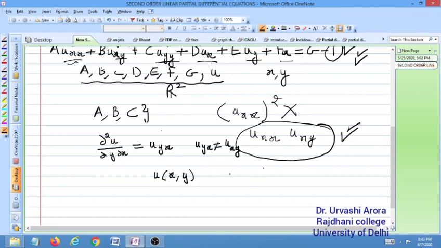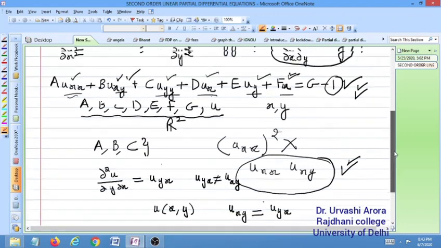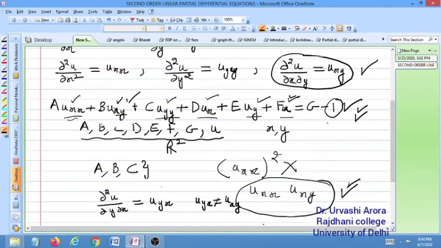Because of this, the two mixed second order partial derivatives uxy and uyx come out to be equal at a given point in the given domain of R square. So there is no difference between the two, and that is why in the partial differential equation 1 we have written only the term uxy. The term uyx has not been written, just because uyx and uxy are identical at a given point in the given domain of R square.